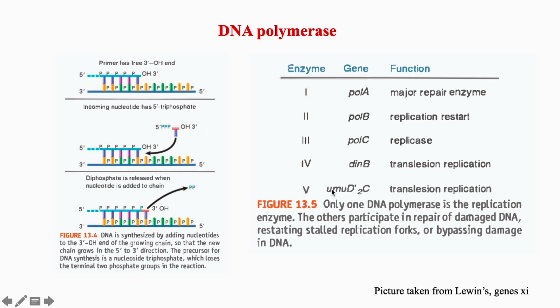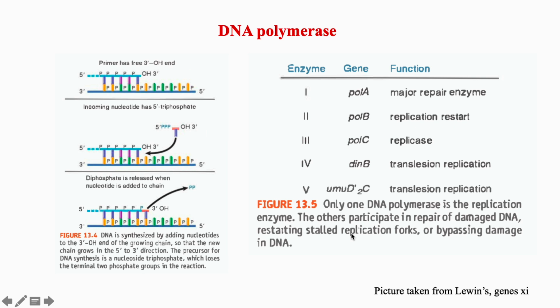DNA Pol 4 and 5 are repair enzymes which carry out trans-lesion replication. This is also very important. These are the repairs which occur during replication, and these enzymes recognize this error during the replication and repair it.